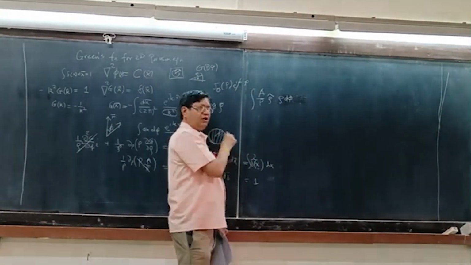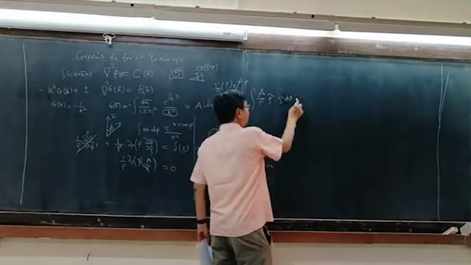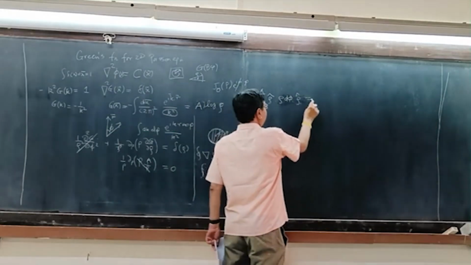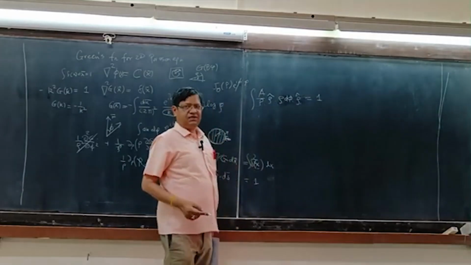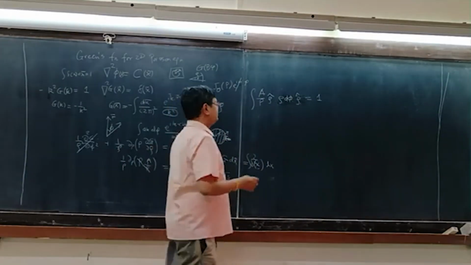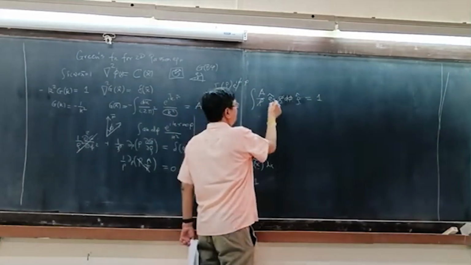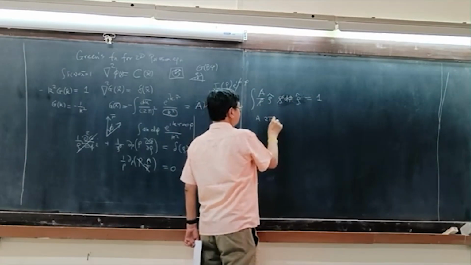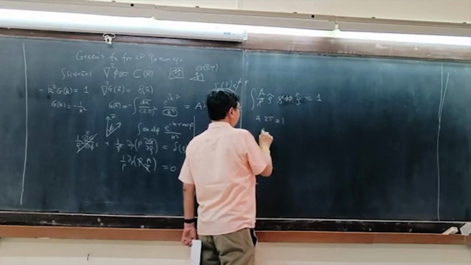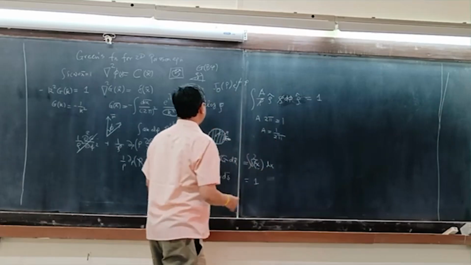This is the rho d phi, and it's still pointing outward, rho cap. So rho cap dot rho cap is 1. Okay? So this rho cancels. A d phi gives you 2 pi. The right side is 1. So A is equal to 1 over 2 pi.